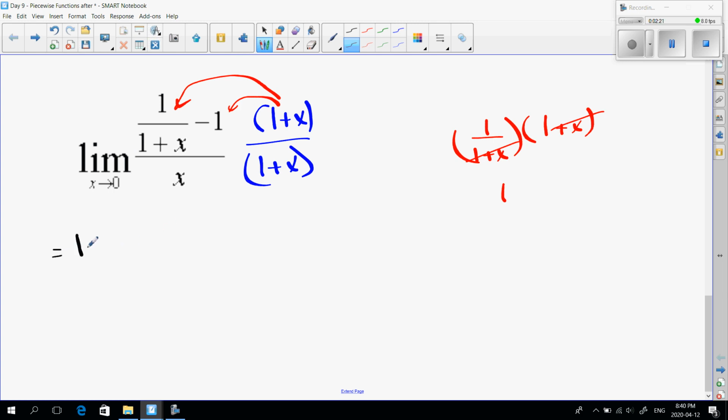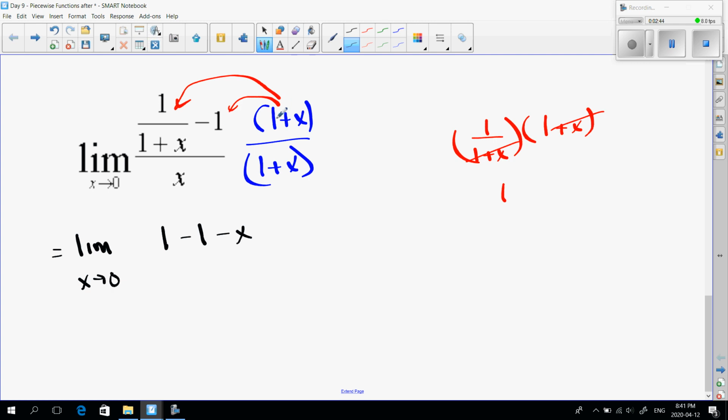So I have the limit as x approaches 0 of a 1. This calculation is pretty straightforward. Negative 1 times 1 plus x would give me negative 1 minus x.